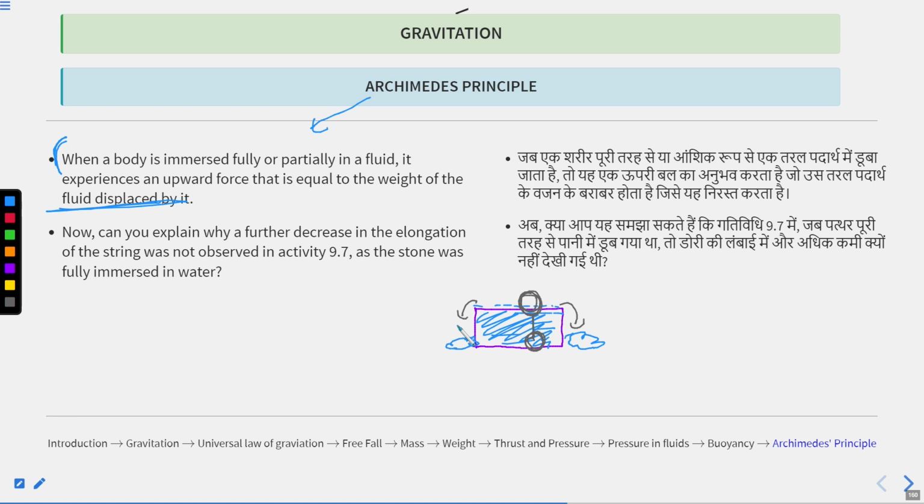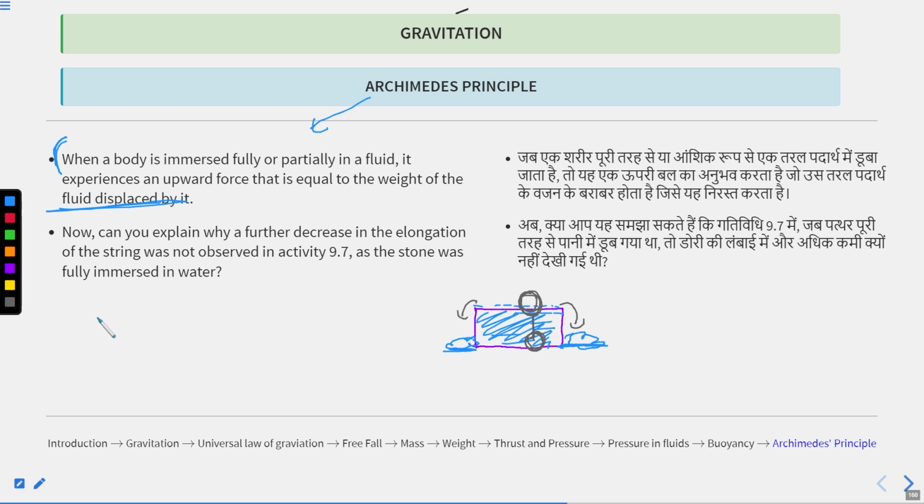The stone has taken the position of the water, so it has displaced some water, and this is that displaced water, that much water the stone has displaced. If we calculate the weight of this displaced water, then that will be equal to the upward force exerted on this object. Is it clear, class?